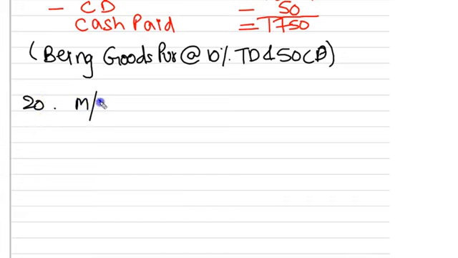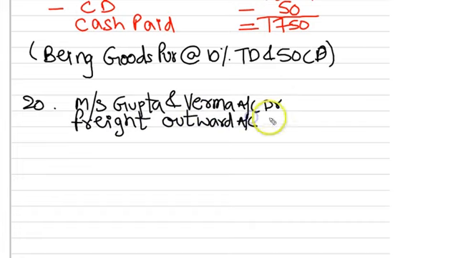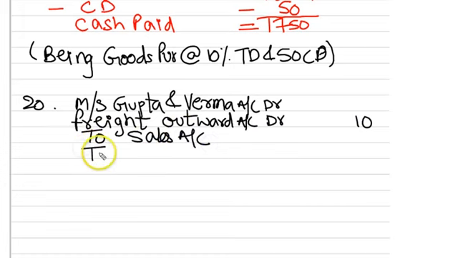Messrs Gupta and Verma account is to be debited, debit the receiver, freight outward account debit, that is 10 rupees, to sales account, this amount we have to calculate properly, and to cash account for freight outward 10 rupees.